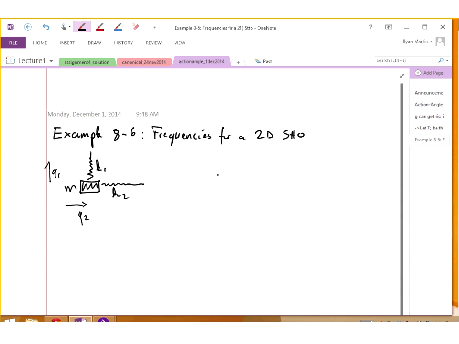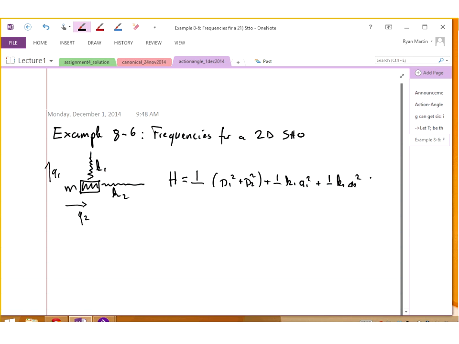So the way to use these action angle variables, the first step is to write the Hamiltonian for the system, right? So the Hamiltonian for the system, which in this case, I hope you have enough practice that you can write it down by inspection. So that'll be 1 over 2m times p1 squared plus p2 squared, the generalized momenta in the two directions, plus a half k1 q1 squared plus a half k2 q2 squared.